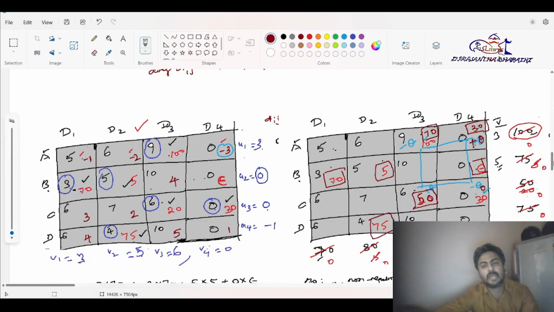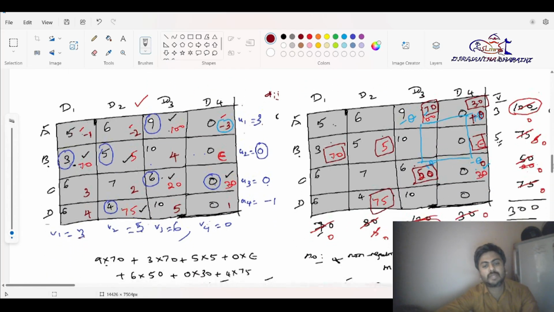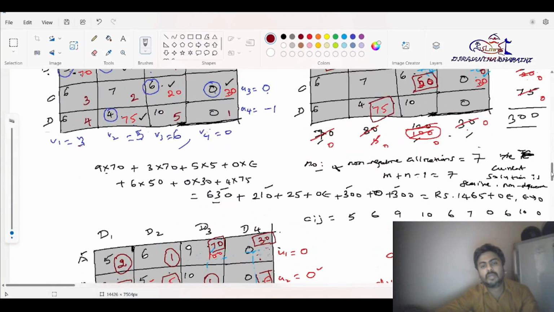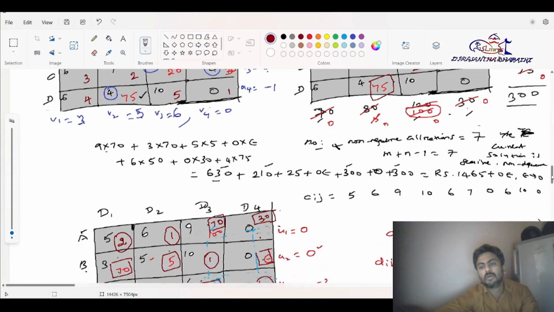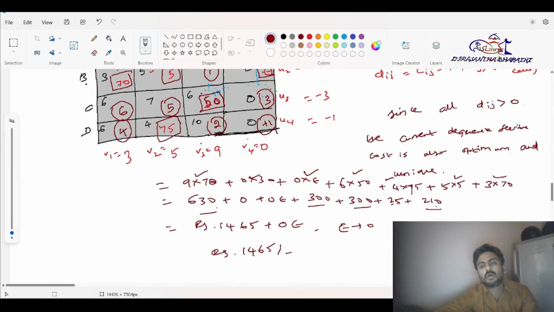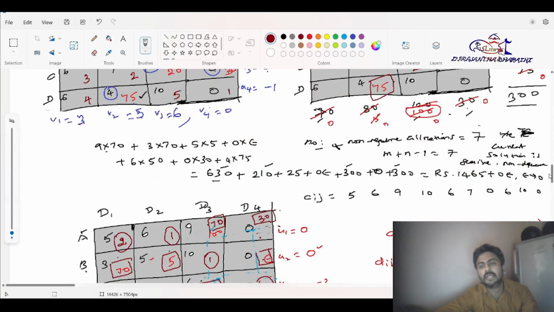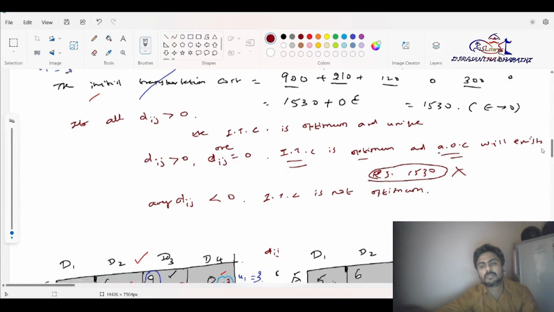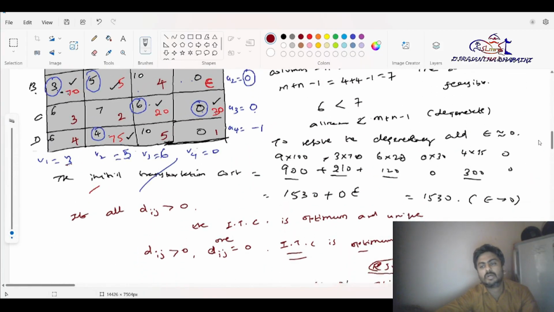So after adding epsilon, you are getting the cost.